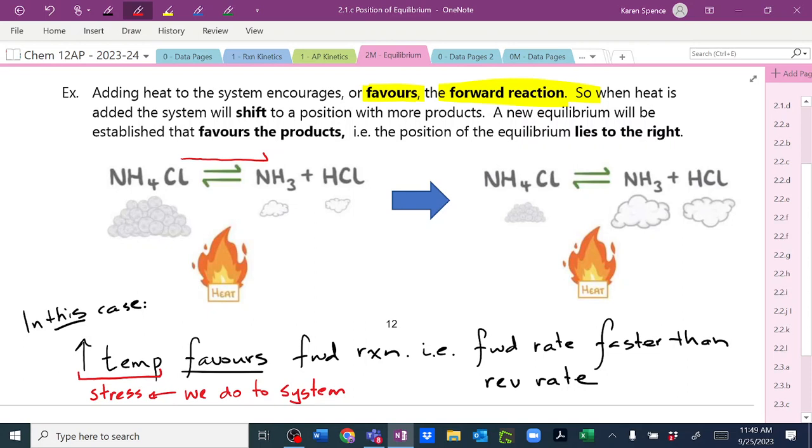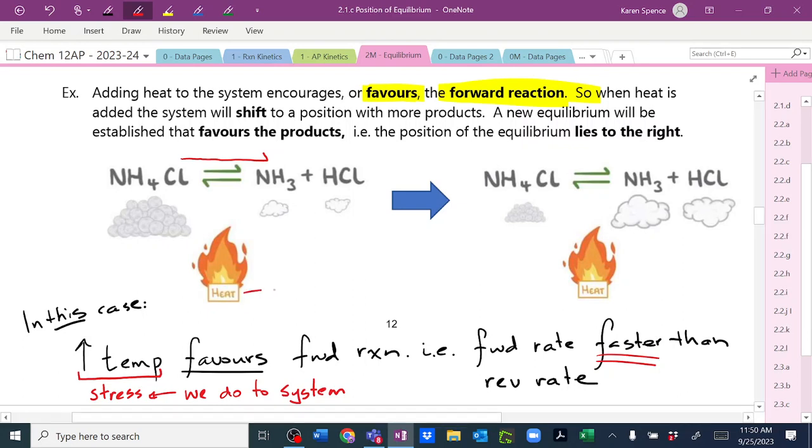And what happens to the percentage of effective collisions? It will also increase. So what has happened to the reverse rate? The reverse rate has increased. But the forward rate is faster than the reverse rate. How is that possible? Which one increased more? The forward rate increases more.